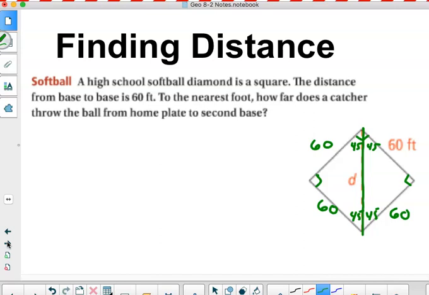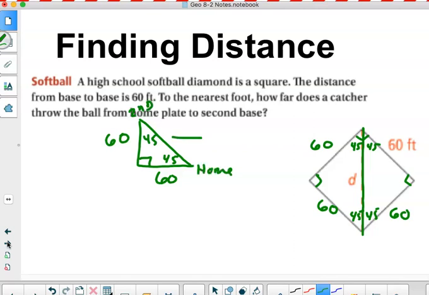Well, what we just saw was 60, and I've got this relationship. This is 60, that's 60, this is 45, 45, this is second, this is home, remember? So this distance is just going to be, what was that? Oh, that's right, because Mr. Bloom told us about this pattern.